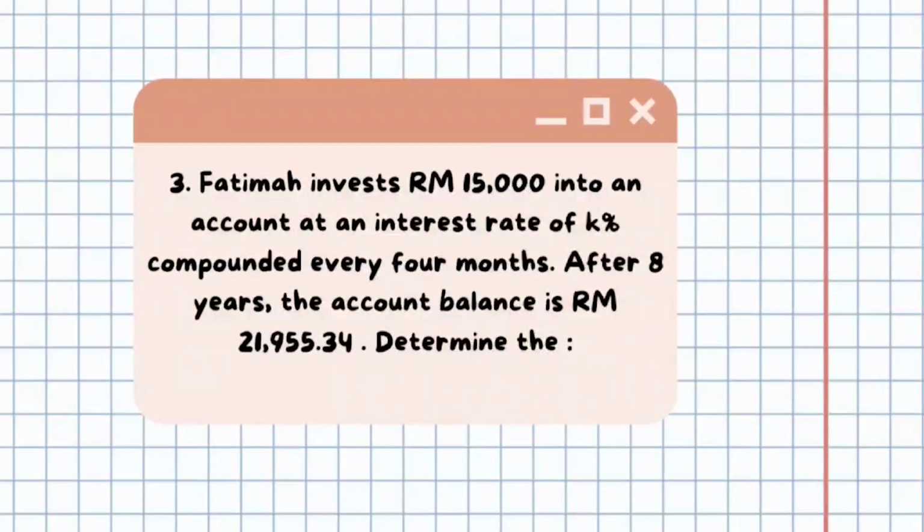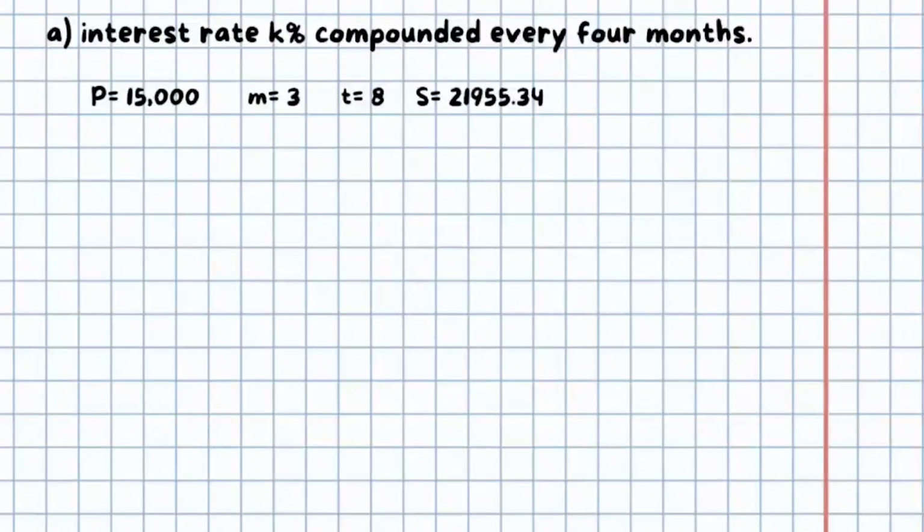Question 3. The keywords of this question: 15,000 ringgit is the original principal P, compounded every 4 months, which is M equal 3, the number of compounding periods per year, T is years, and 21,955.34 ringgit is the compound amount. A. Interest rate K percent compounded every 4 months.